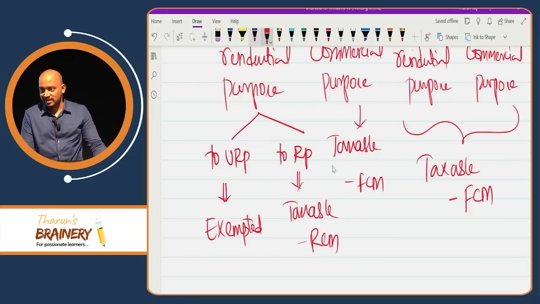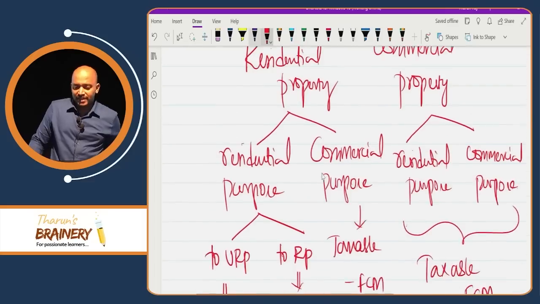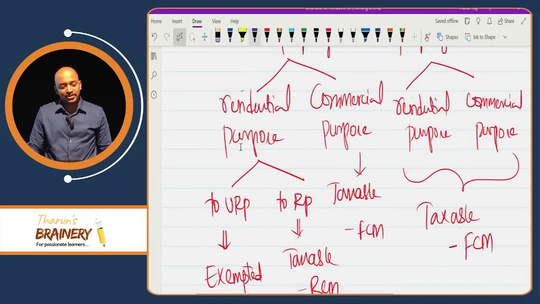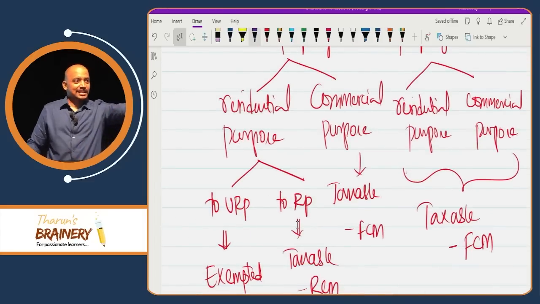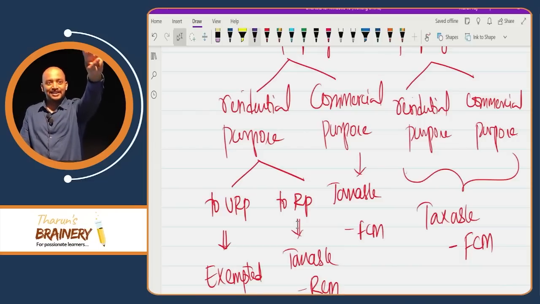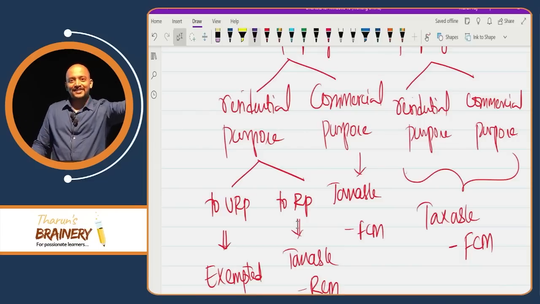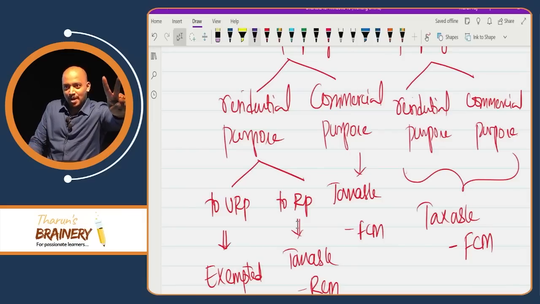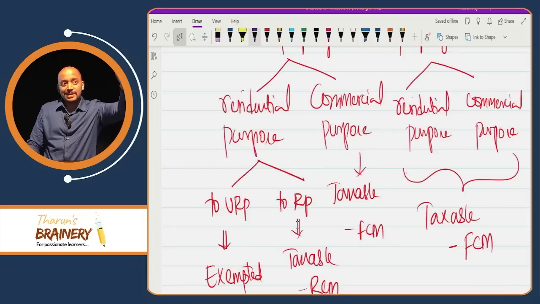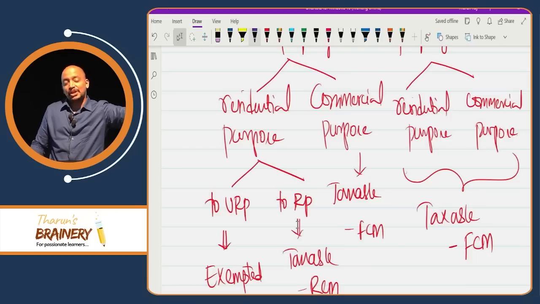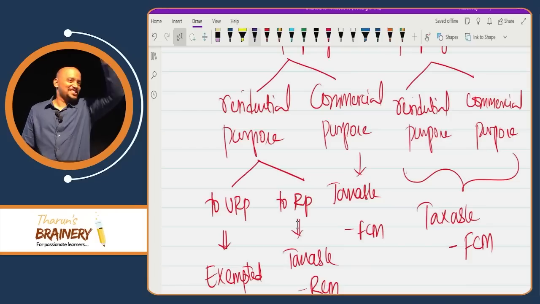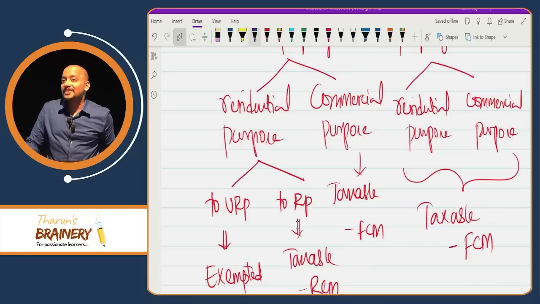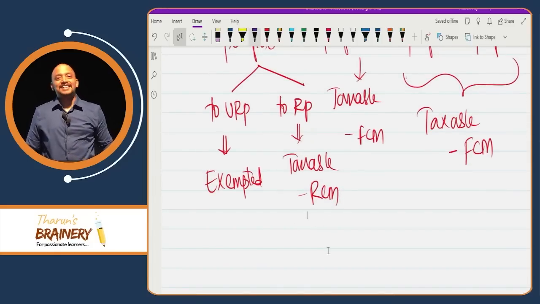This is the new amendment. Renting of residential property for residential purpose to a registered person is now taxable under RCM. Remember RRR: renting of residential property for residential purpose, to a registered person, is covered under taxable RCM.